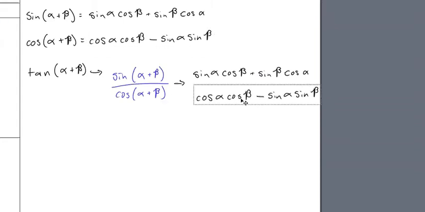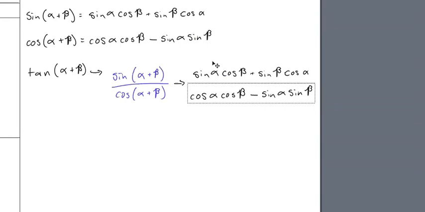There we go. Divided by cosine alpha cosine beta minus sine of alpha sine of beta. So sorry for that. That was probably a little bit clunky of a way to do that, but we just expanded sine of alpha plus beta and expanded cosine of alpha plus beta, and we have this here.